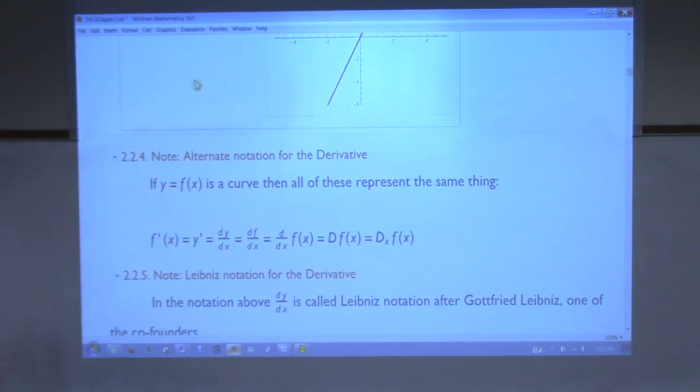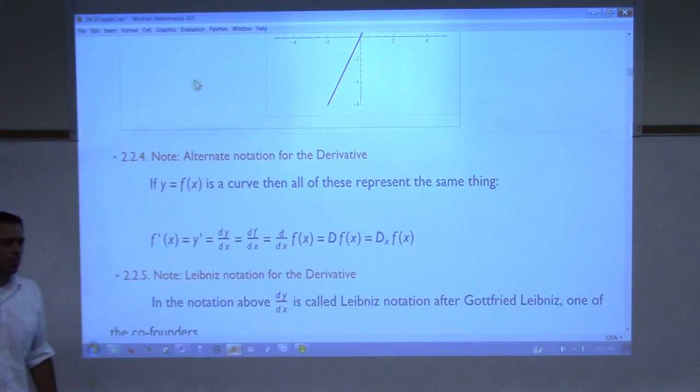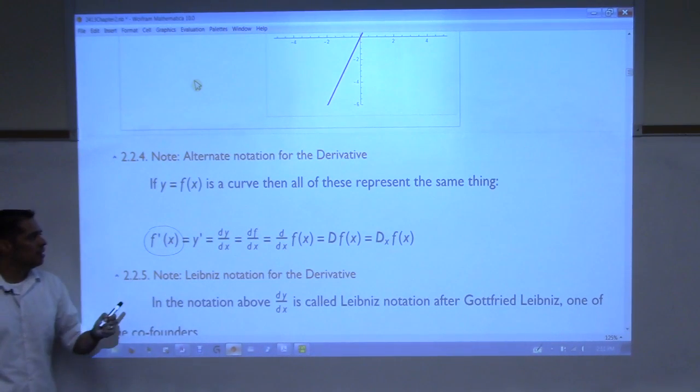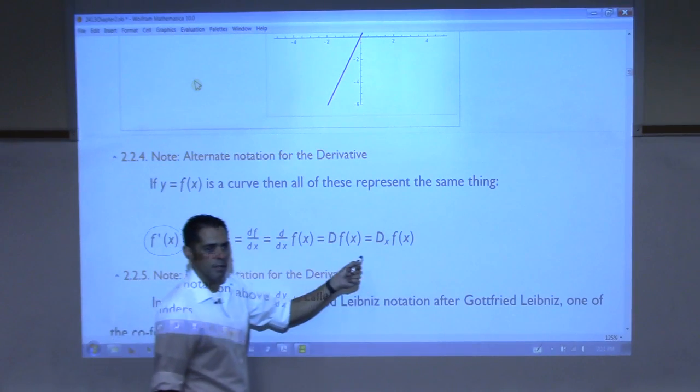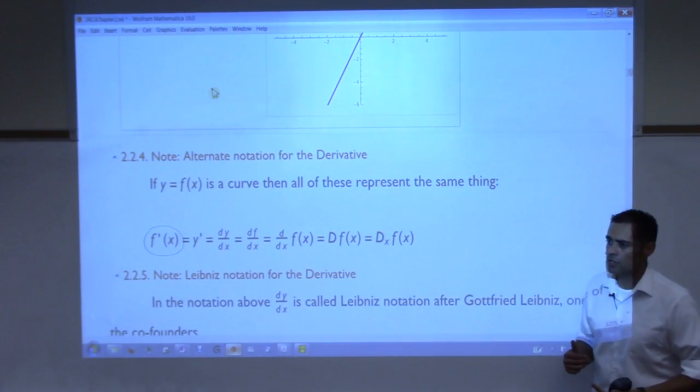Okay, so there are other versions of when someone wants to tell you to find the derivative of a function, there's other notations, right? That's the one I'm using right now. But any of these are legitimate representations of telling someone to find the derivative of a function.